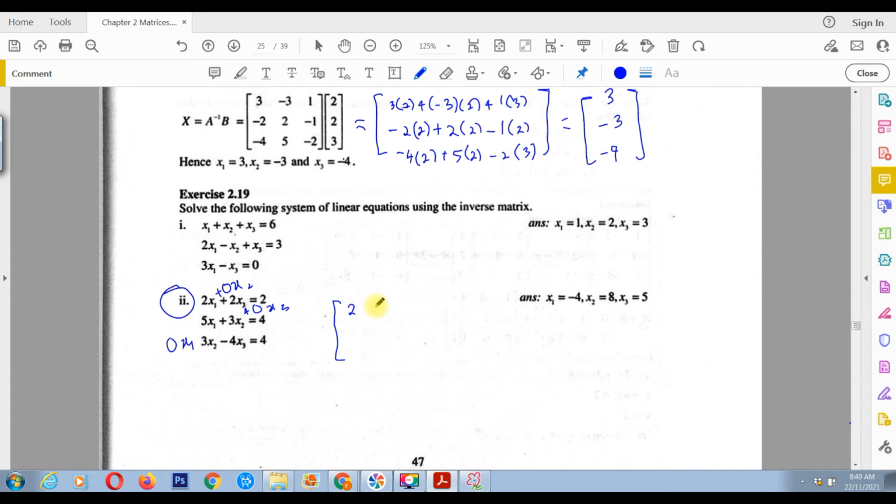We have 2, 0, 2, and then 5, 3, 0, 0, 3, negative 4, and that is our matrix A. Then we will have x1, x2, x3, and the answer will be 2, 4, 4. If you're able to make this system of equations, you will get 2 marks for the upload solution.